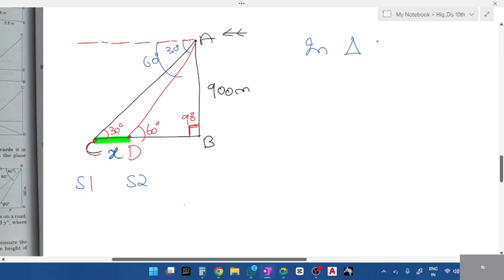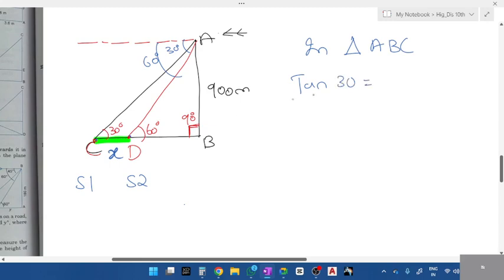In the bigger triangle ABC, we don't need the hypotenuse, we need only the perpendicular and base. Where is the distance given, students? Is it in the perpendicular, hypotenuse or base? Where is X present? Base. So the formula is tan, and what, 30 or 60? We have taken ABC.